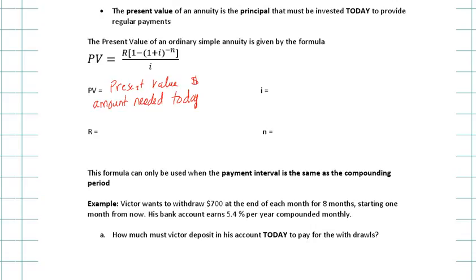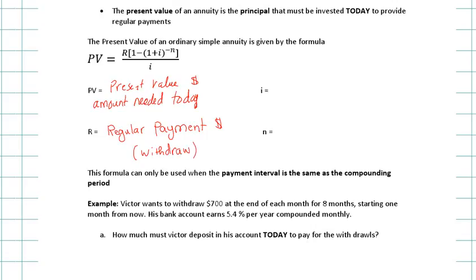R is the regular payment. It could also mean the regular withdrawal. Right, so how much money you want to take out every month, let's say.